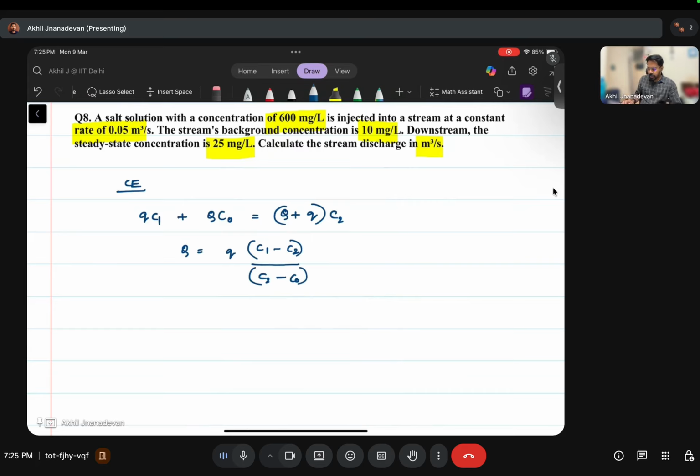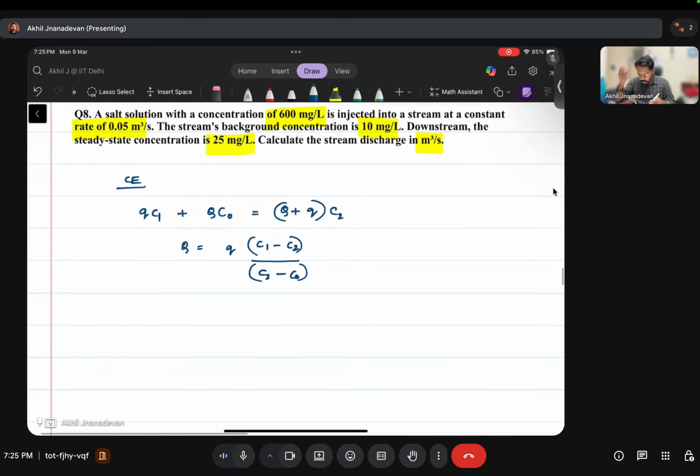We are not simplifying this because in this question, I think C naught is given. So we can write the given values. C1 is the concentration of salt solution, 600 milligram per liter, and the flow rate of injection is 0.05 meter cube per second.